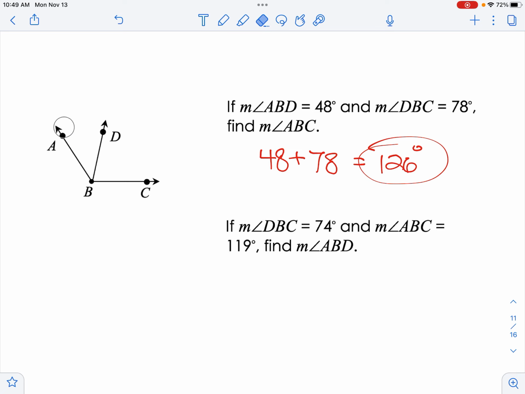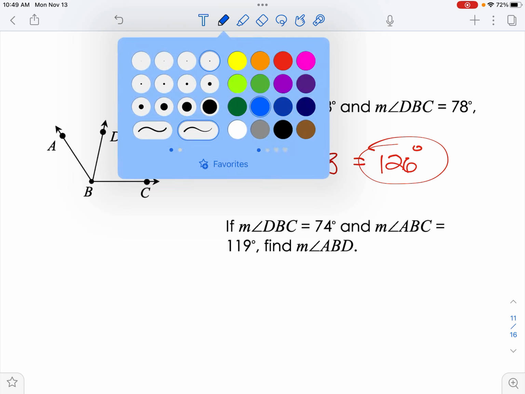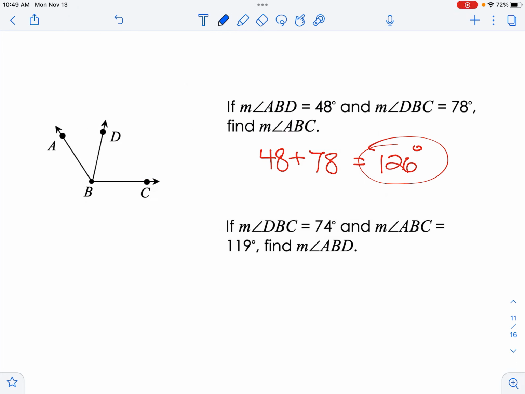Now the same kind of situation here, but they're going to give us different things. In this case, it says, what if the measure of angle DBC is 74, and the measure of the whole thing, ABC, is 119.